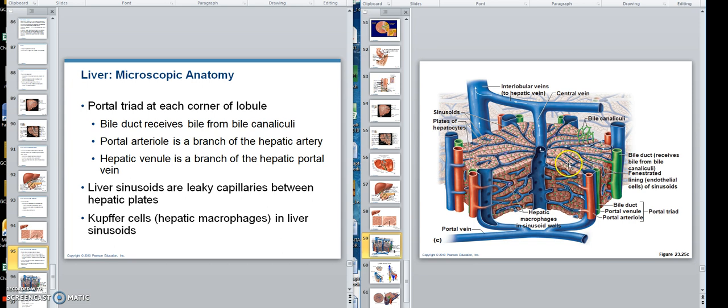And as it travels this way, the liver cells are pulling stuff out to either detoxify or to store or to metabolize, whatever. So as it comes up, these hepatocytes are looking at it. Now, the leftover stuff then goes into this central vein. And the central vein then is going to go to the hepatic vein, and the hepatic vein will finally find its way into the inferior vena cava.